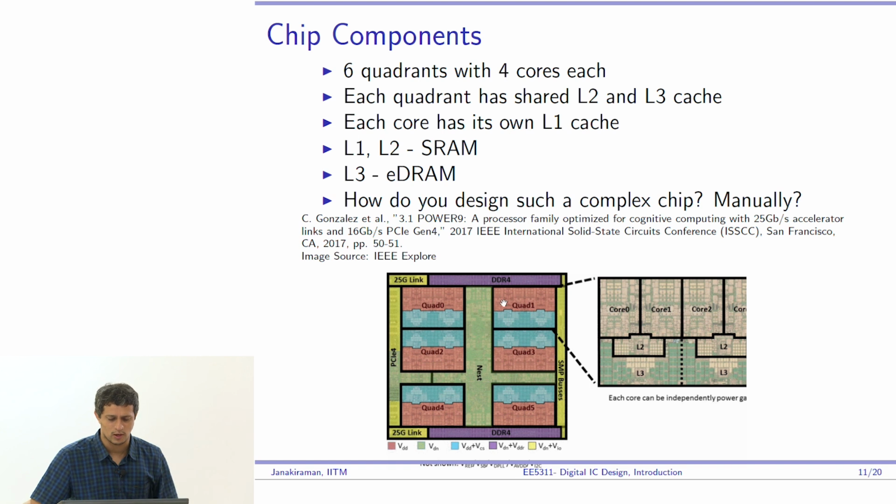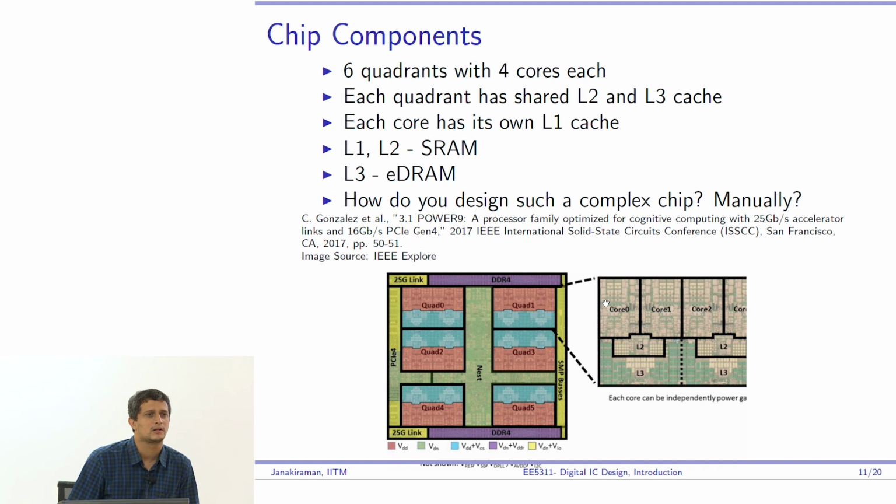There are other things like the serial links, then the DDR4 interfaces, and so on. There are a lot of other things that you need to communicate to the outside world, right? But a small area in this is actually your computational part, which is doing the ALU job or some other computation as needed.